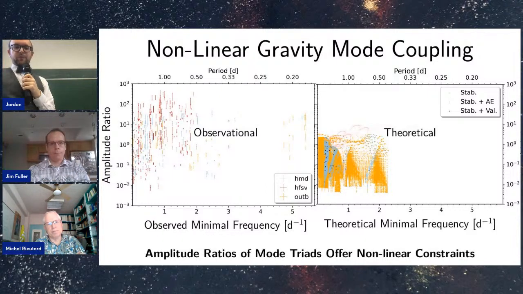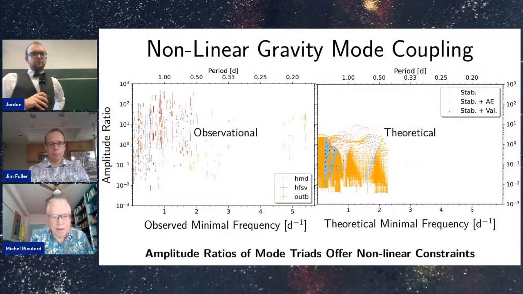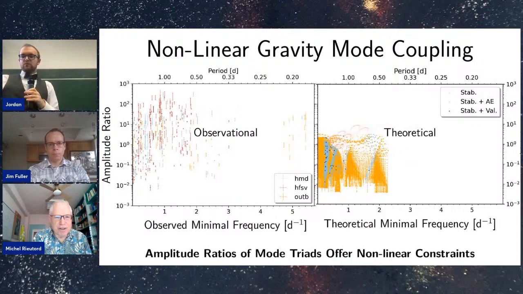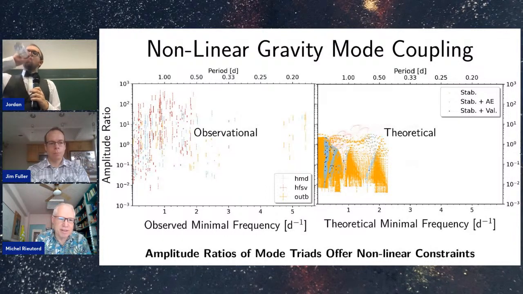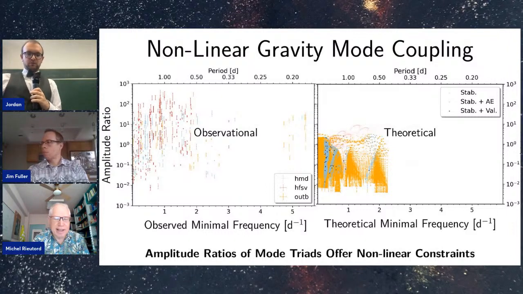So you say that when we try to match the amplitudes and their ratios with the observed ones, what we would learn is the opacity profile, basically, in the star. Yes. Okay. And so the reciprocal question is, when you studied these amplitude equations and applied them to the stars, what can we learn on the dynamics of these systems?